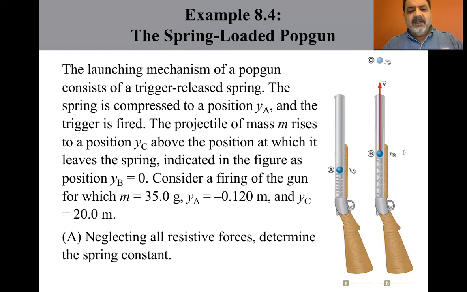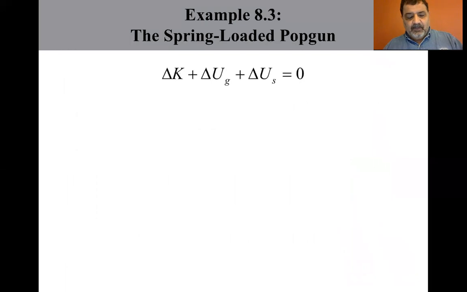Consider a firing of the gun for which M equals 35 grams, 0.035 kilograms, YA equals negative 0.12 m, that is below the Y equals 0 point, and YC equals 20 meters. That's pretty high, not true to scale in the figure. Neglecting all resistive forces, determine the spring constant.